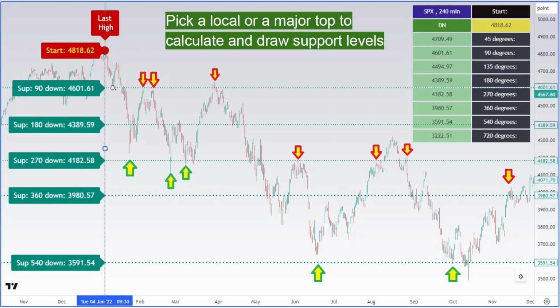When you get that strong pullback, you can start disregarding that level and focus on the next level. It's like a stair step down. Price hits one Gann level, pops up to the previous one, drops to another Gann level, pops to another one, drops again, finds solid support, and comes back up again to the previous level.